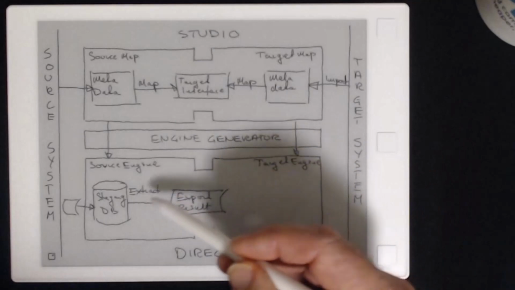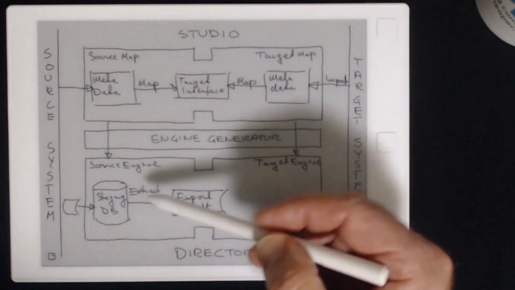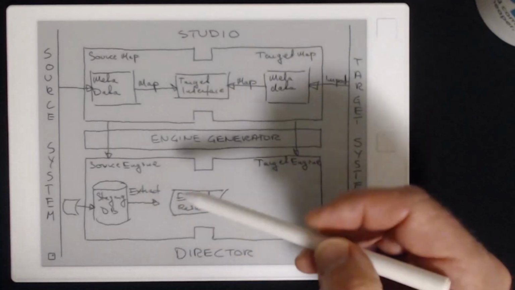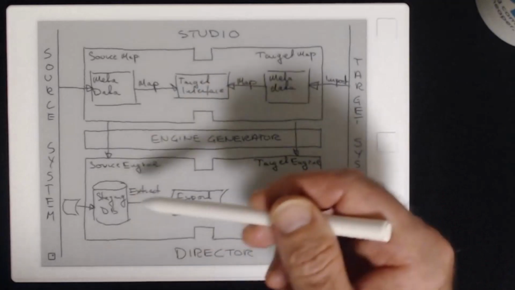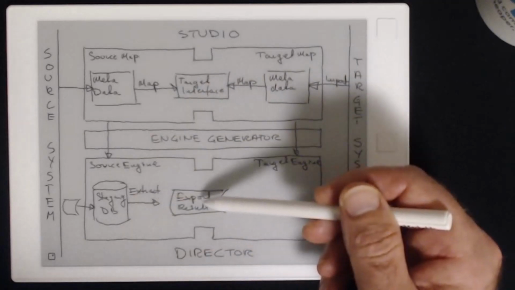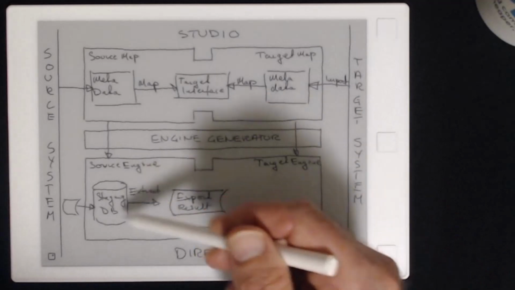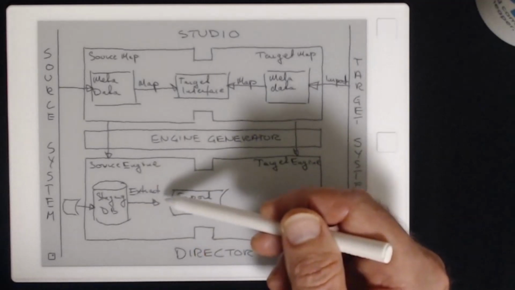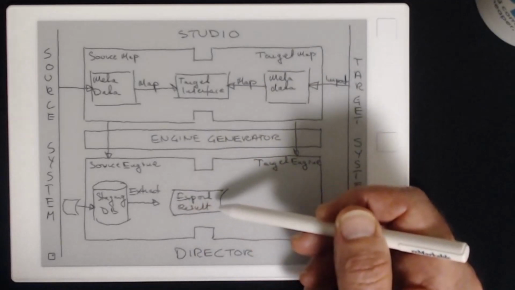So the source engine will export one business object with all its child business objects, place it in the export result. It will export the next one, place it in the export result, and so on and so forth. So the first thing that happens in the extract step is actually that the business objects are constructed.